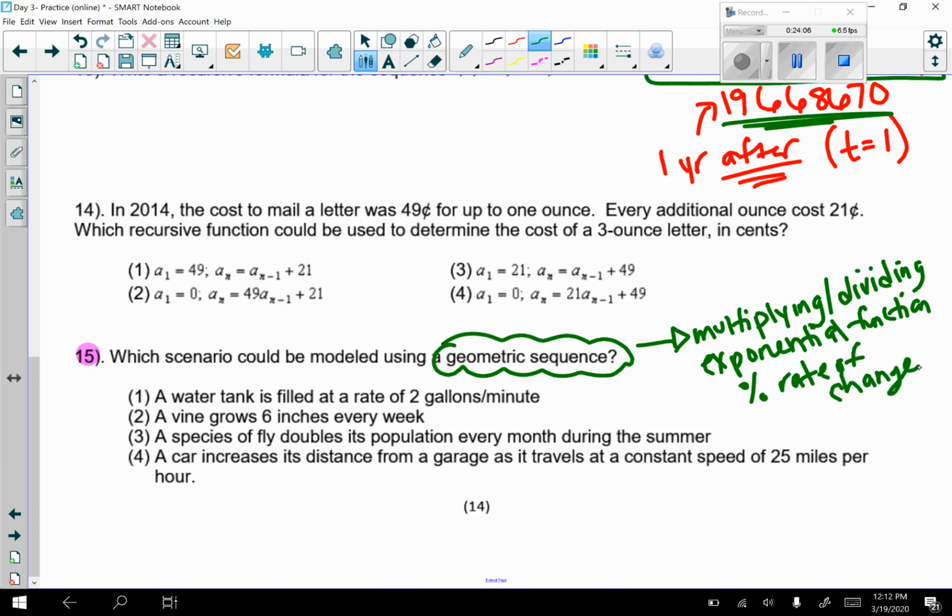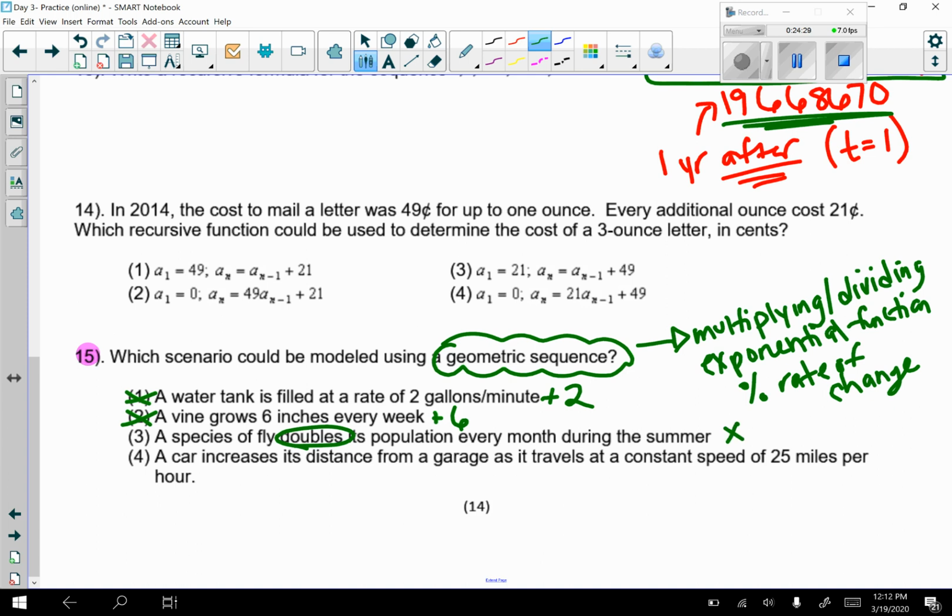So choice 1, a water tank is filled at a rate of 2 gallons per minute. That would be adding 2, so that would be arithmetic. It's not choice 1. A vine grows 6 inches every week. That would be adding 6, arithmetic, not choice 2. A species of flies doubles its population every month during the summer.